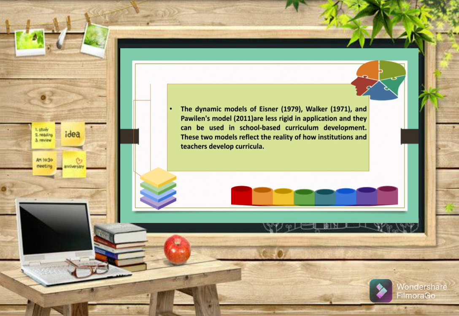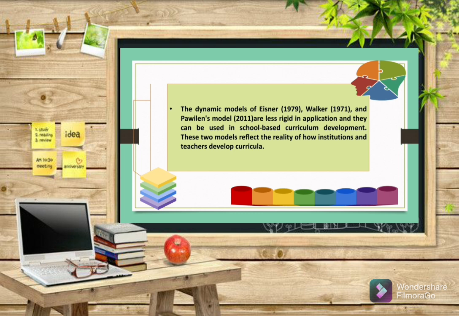Like when developing a model for curriculum development, there is always a need for a clear and logical process. Also, curriculum sources and other variables that are influential in developing curriculum should be specified. Models should reflect how educators plan and develop curriculum at any level, and models should be based on a curriculum theory.